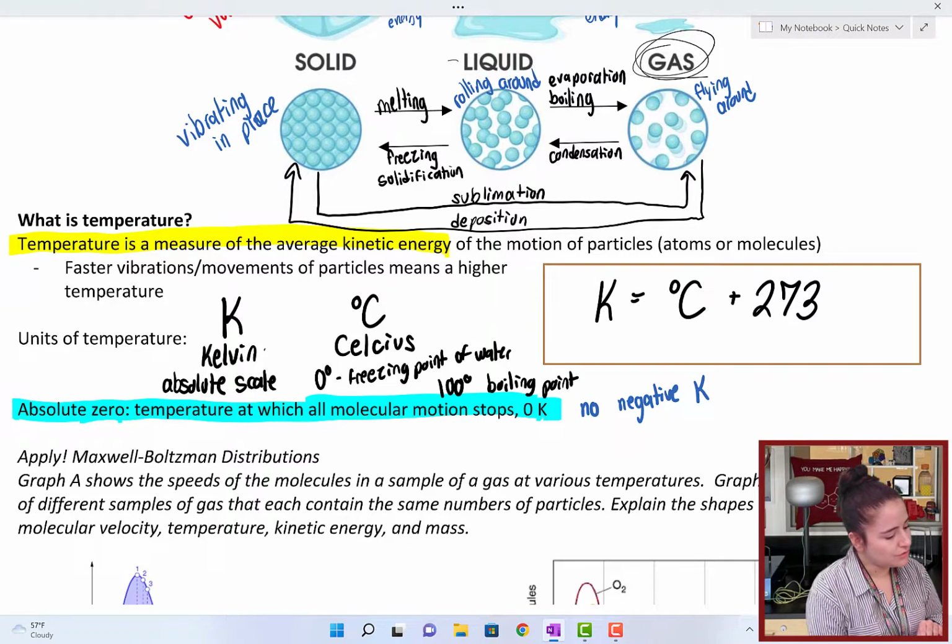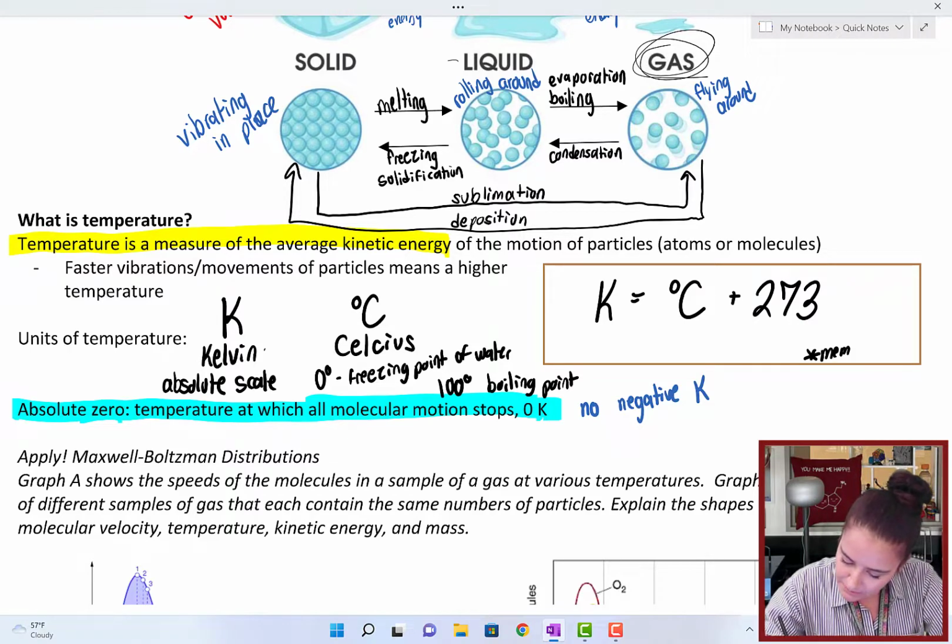And let me double check your AP Physics 2 reference sheets. I believe, yes, you do need to memorize that conversion. Okay, so this is a memorize thing.